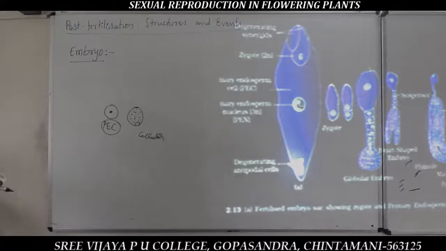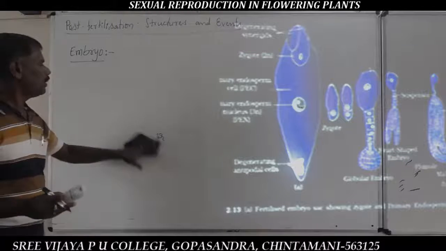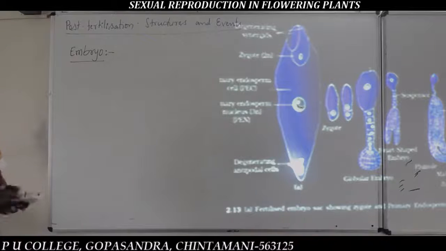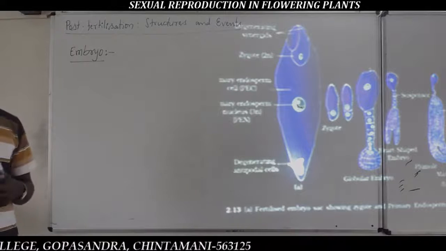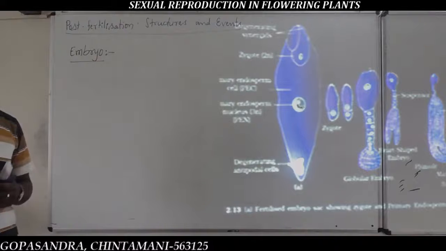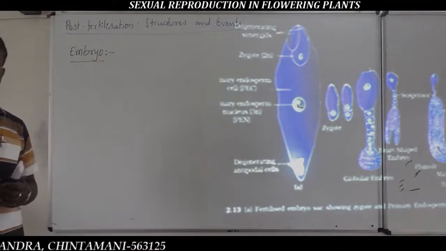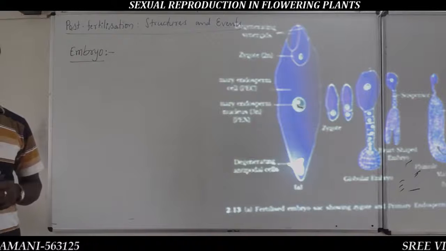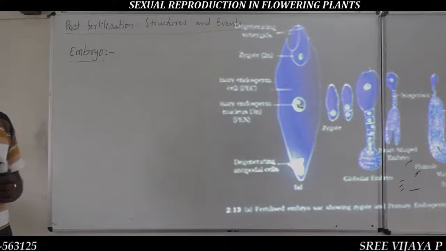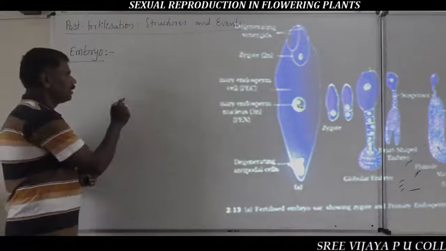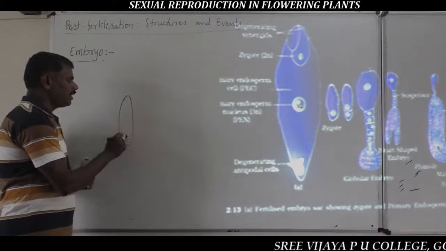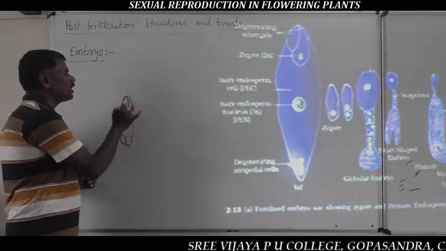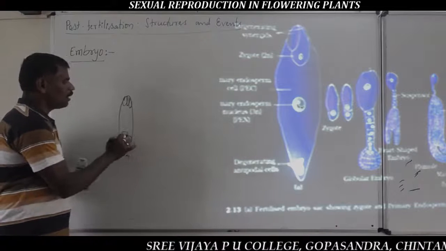So the next topic is the embryo. The embryo is formed in the embryo sac. In the embryo sac, the egg cell is present towards the micropylar end.